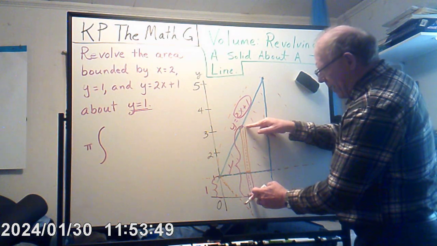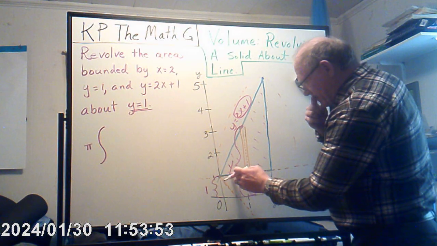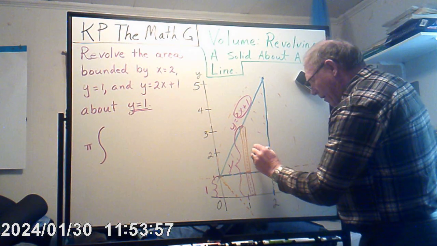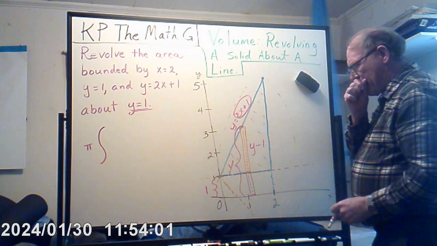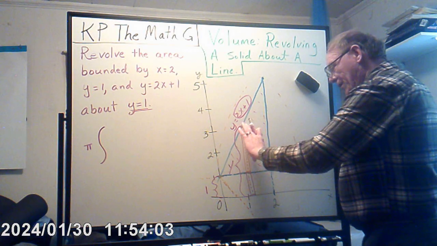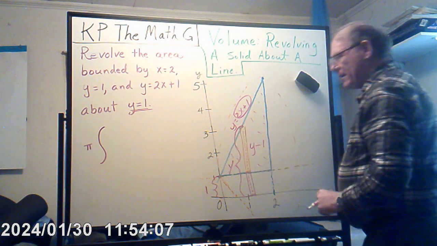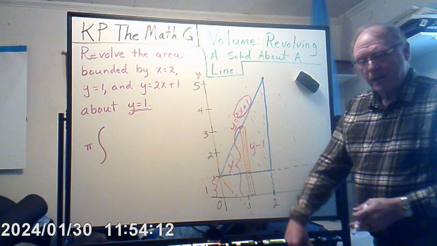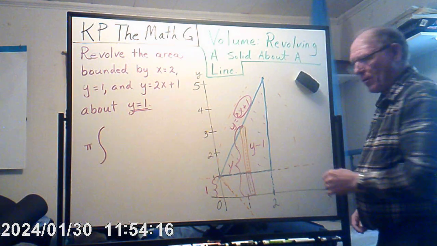That height is y, so this height right here has to be y minus 1. That's the part that we want to revolve around this line, y equals 1.